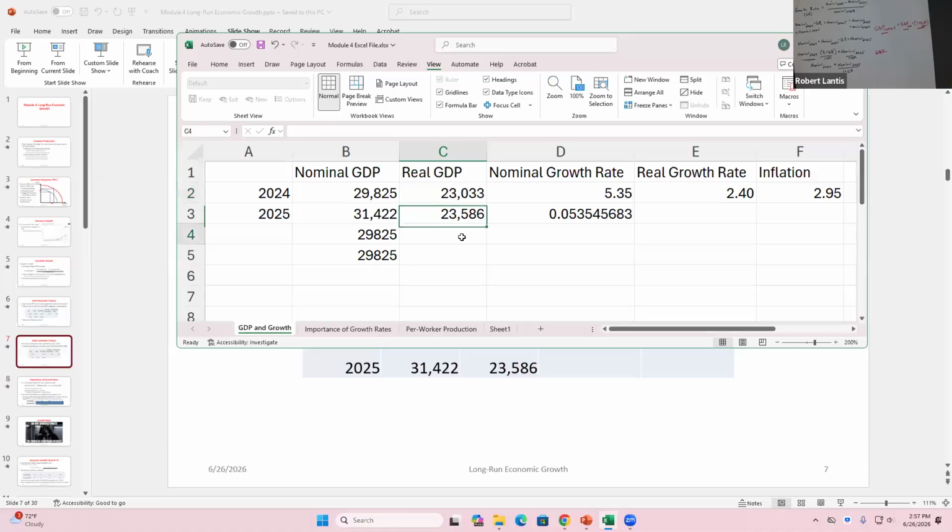Notice here, if I start out and I know my original real GDP, if I multiply that by 1 plus the real growth rate, once again in decimal form, so I'll divide it by 100 here, this should give me the same value as the subsequent year's GDP, and sure enough, it does. So we can work in either direction.